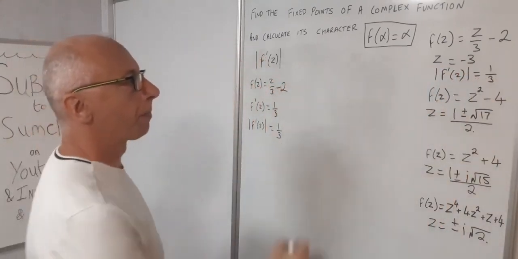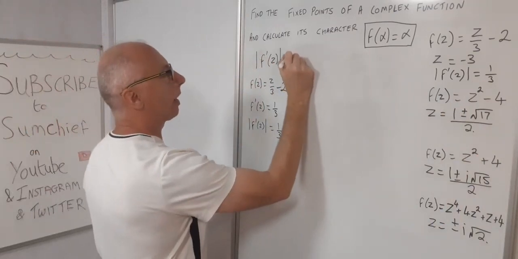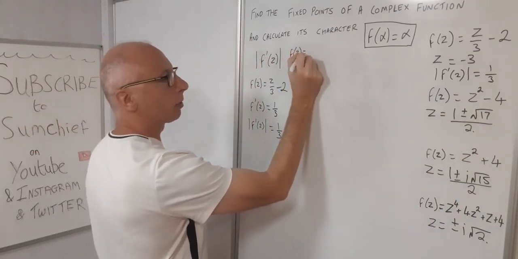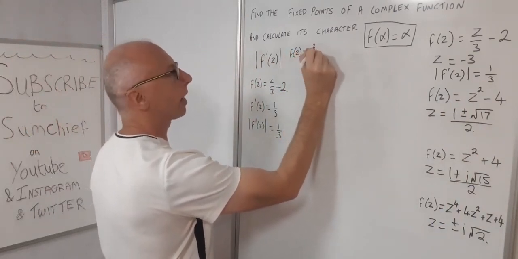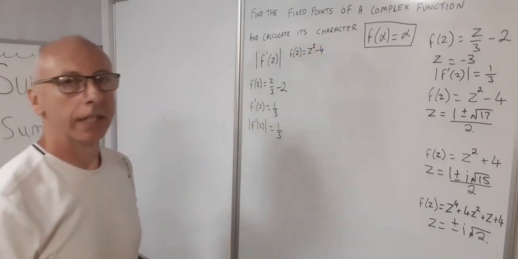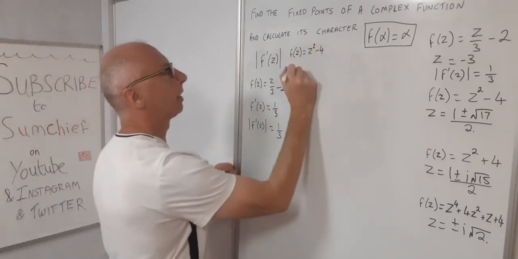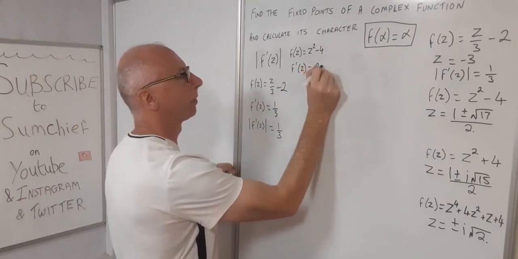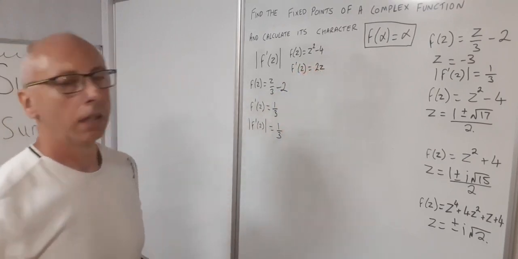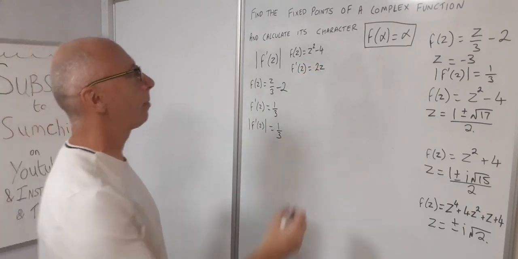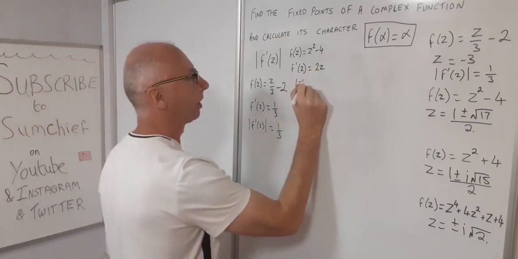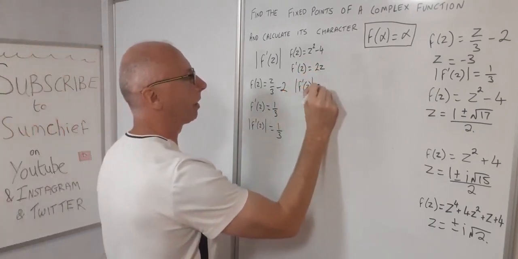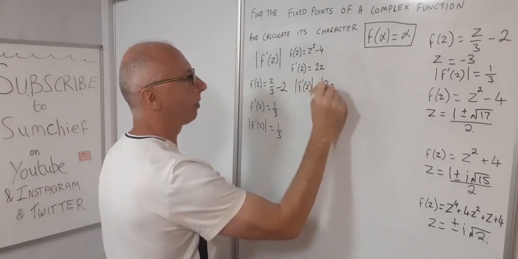Now what about this one? So f of z equals z squared minus 4. Take the derivative of that, we're going to be left with 2z. Now the absolute value of that is the absolute value of 2z.